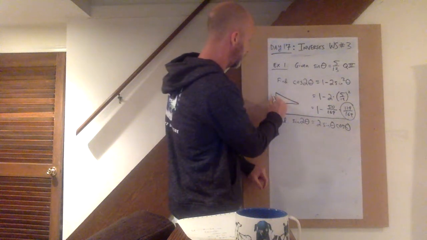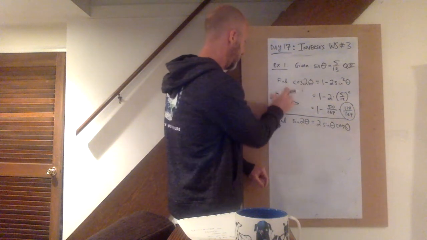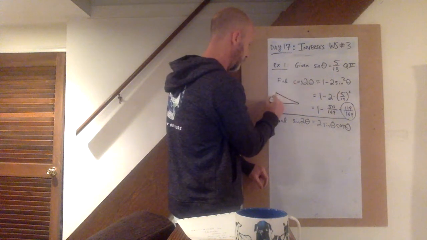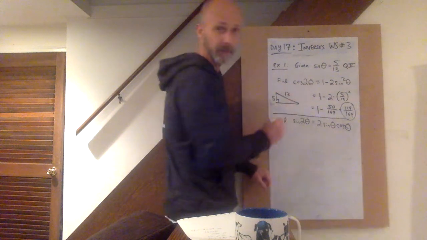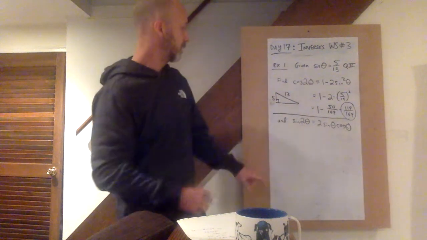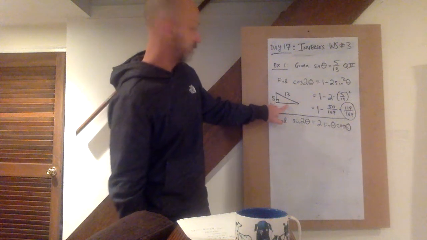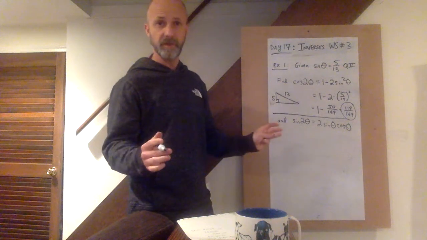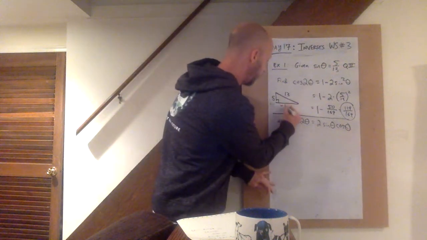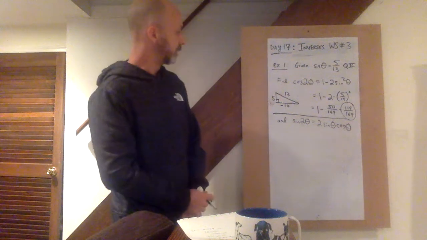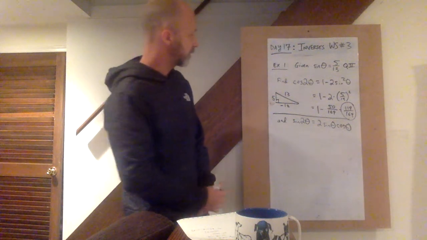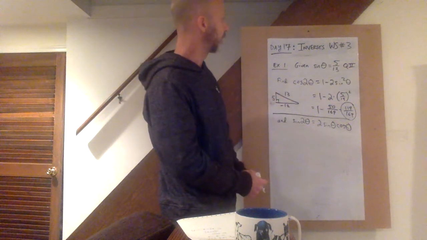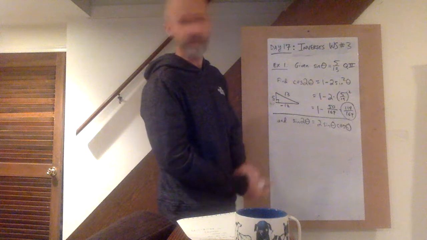I know that the y is 5 and the radius is 13. So according to the Pythagorean theorem, the adjacent side must be the square root of 13 squared minus 5 squared, and that'll give you 12. Minus 12 because we're in quadrant 2 and our x will be negative. So that tells me that the cosine of this angle here is going to be negative 12/13. So I can get that from my given information for free.